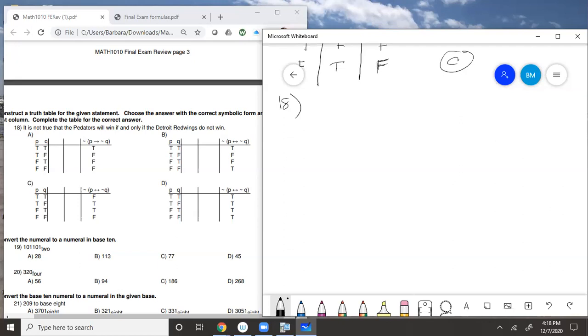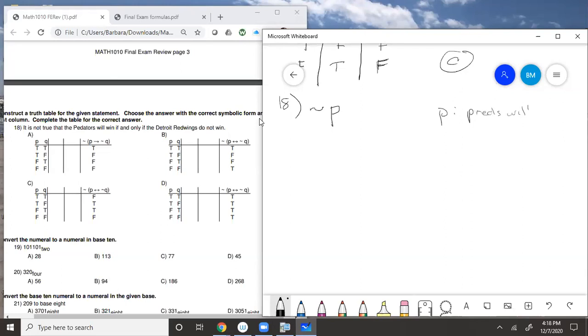All right, so here we need to write this using symbols, okay? So not true, that's the negation, right? So the negation of P, let's make P that the Predators will win.